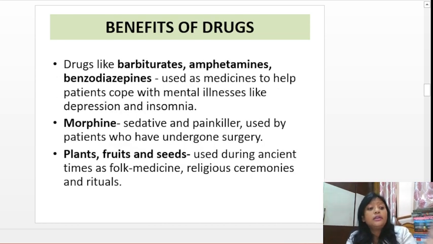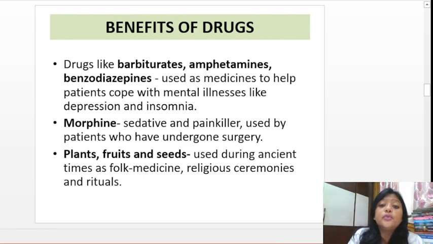Now, these are all the types of drugs I've told you. Let's talk about the benefits of drugs. I've already told you that drugs are sometimes used as beneficial medicines. They are used for patients who already have mental illness like depression and insomnia. For those patients, these drugs are prescribed in the form of barbiturates, amphetamines, and benzodiazepines.